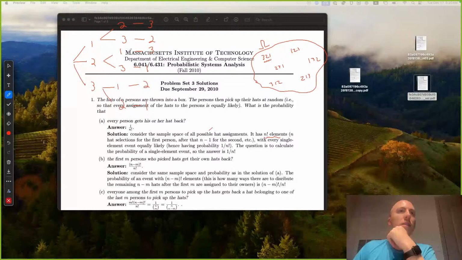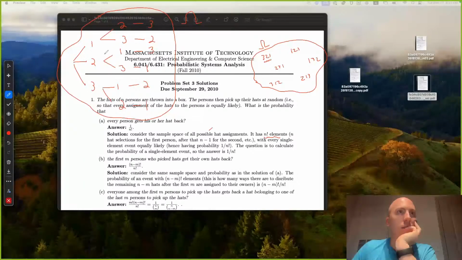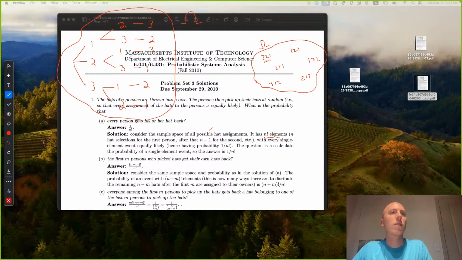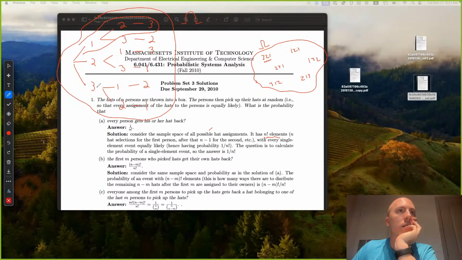So in some sense, this is the sample space, where each of these branches is one element in the sample space. You have one element here, and another one down here.